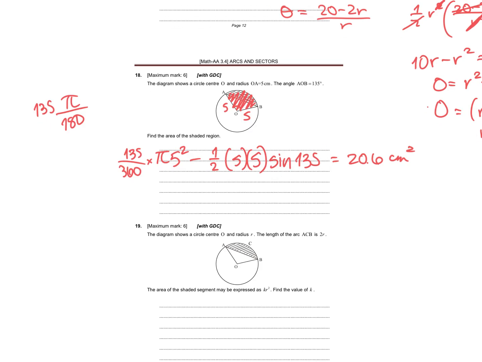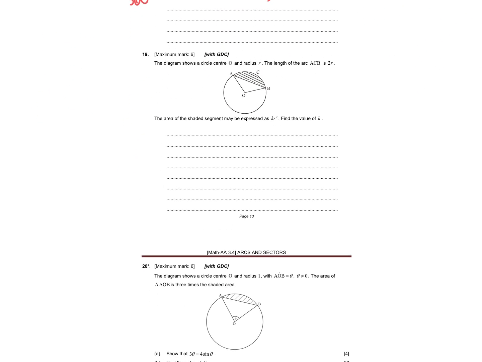Yeah, 19. So the length of the arc, so r theta is 2r. And the area of the shaded segment, so that's going to be 1/2 r squared theta minus 1/2 r squared sine theta. So the area of the sector minus the area of the triangle, and that is equal to kr squared.